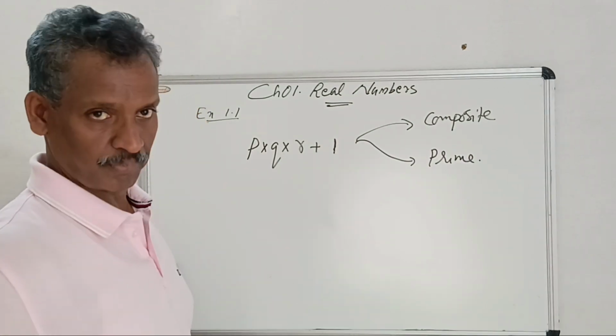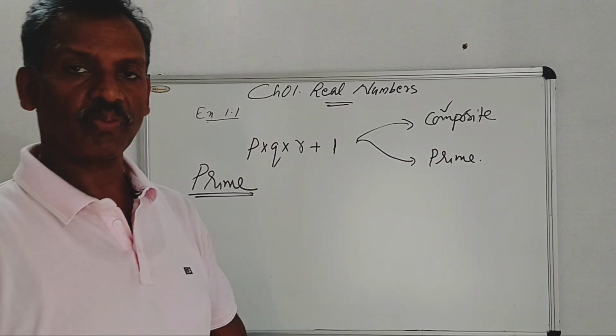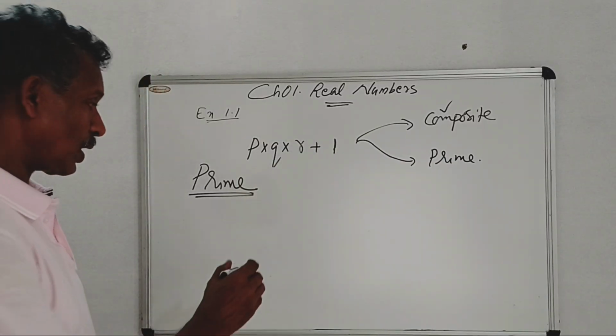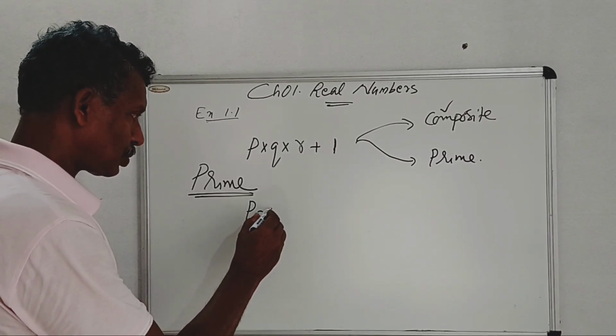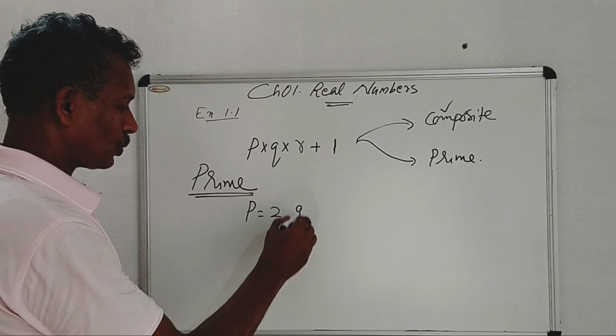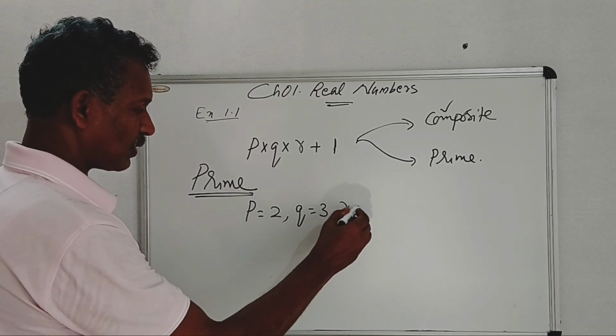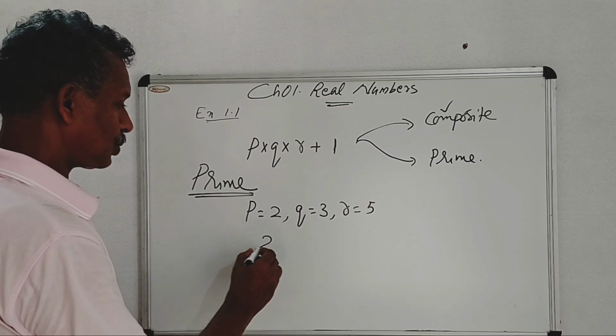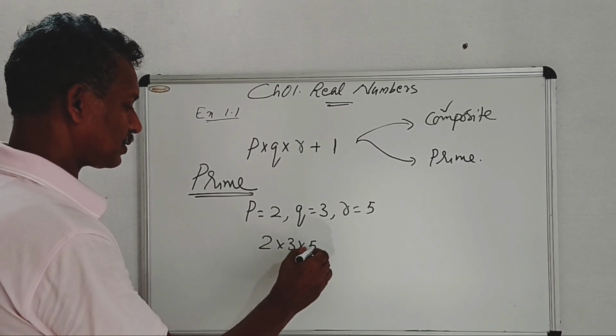When it is prime. Okay, when you want to prove that the product plus 1 is prime, you have to take one of them as 2, either P or Q or R. Q is 3 and R is 5. You put the values 2 into 3 into 5 plus 1.